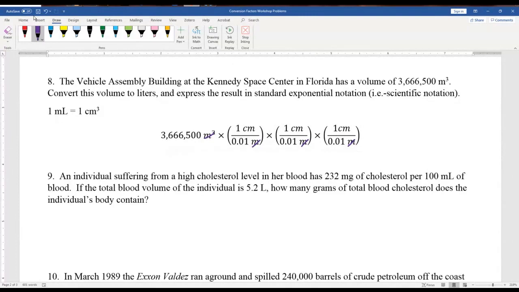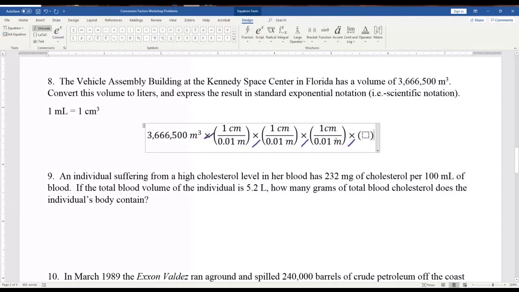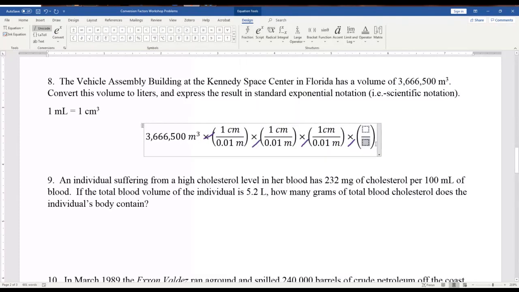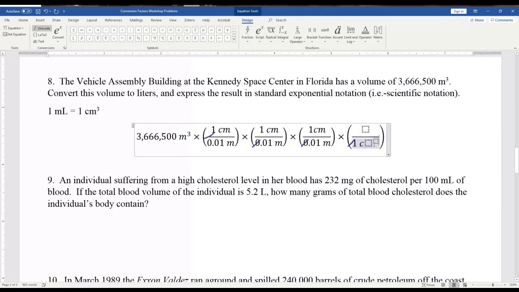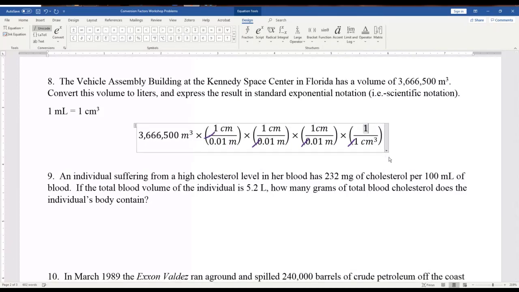Now I can convert centimeters cubed into milliliters. I'll put 1 centimeter cubed on the bottom here. That's equal to 1 milliliter.